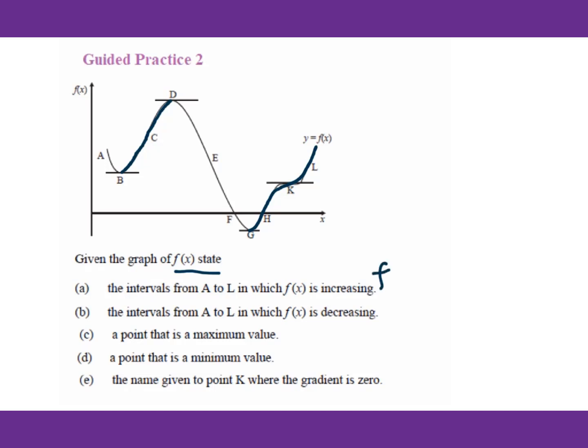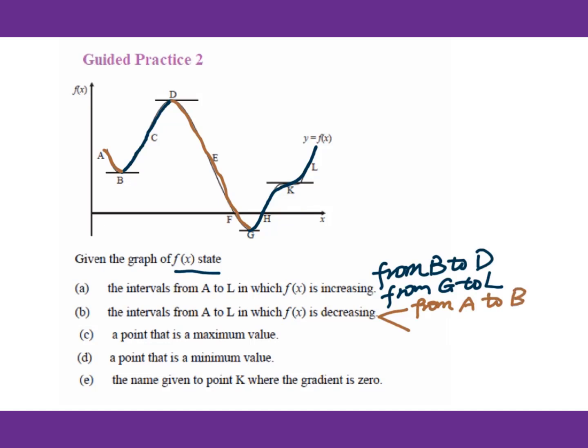Therefore, you could say from B to D, then from G to L. The intervals from A to L in which f of x is decreasing: decreasing from A to B, and decreasing from D to G. So we write down from A to B, from D to G.